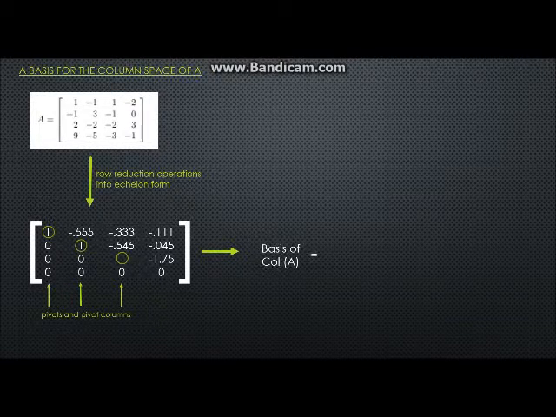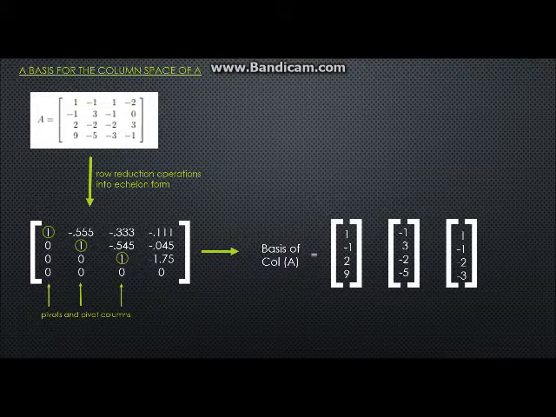So the basis of Col A, which means column space of A, Col A is how it's denoted, is columns 1, 2, and 3 of A. And then you put your nifty little comma in between them so your grader, your professor, doesn't think you're multiplying them.